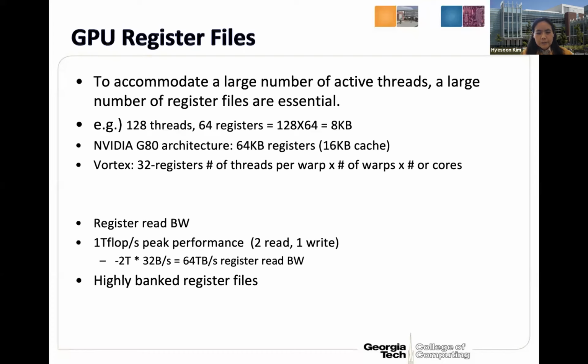And typically, designing register files in GPUs is very challenging, because to support this high-throughput-oriented computing, we need a lot of register file reads, and typically 2 reads and 1 write are needed. In the Vortex case, it's a little bit easier than NVIDIA GPU architectures because we have a fixed number of registers per thread. Again, because it comes from the RISC-V ISA, we can easily bank the register files.